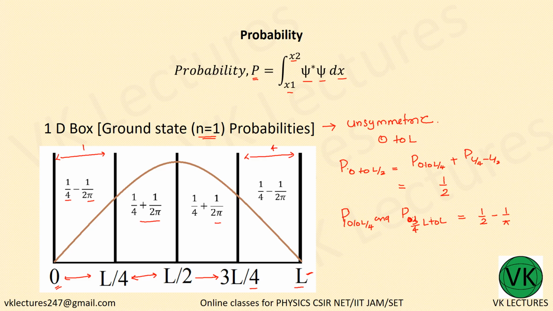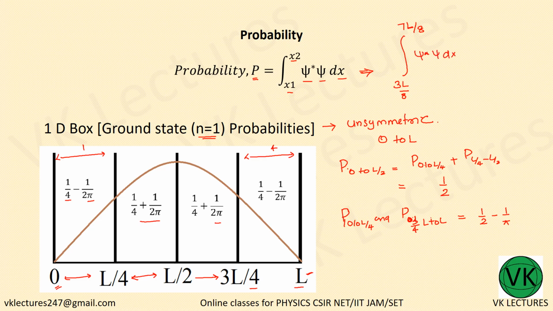This is how you can get the probability. If there are some other parameters, that means whatever is not given here, you can use the limits. If something is asked from 3L by 8 to 7L by 8, this is a possible question, psi star psi dx.